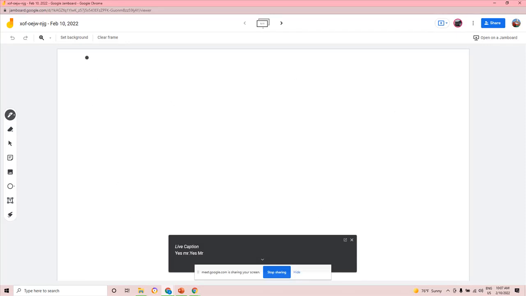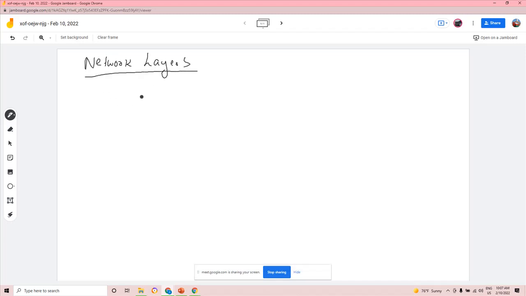Now, first, let me go to the network layers. If you take the network layers, OSI is an example of a network layer model, and another one is TCP/IP. We will discuss that.